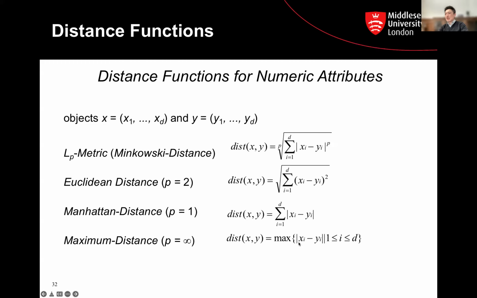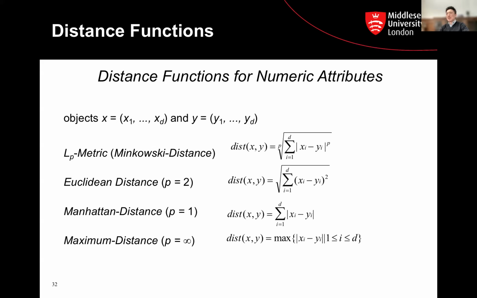It measures pairwise distance, and it just picks the maximum between any dimensions. So you compare the difference between x1 and y1, and then the distance between x2 and y2, all the way to xd and yd. And you just pick the maximum value as the distance.